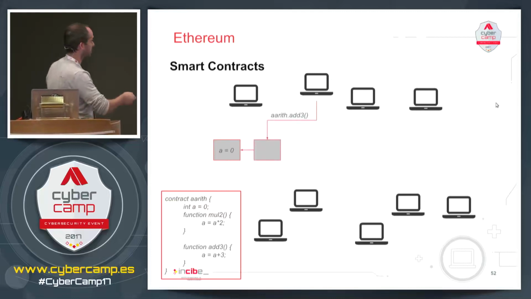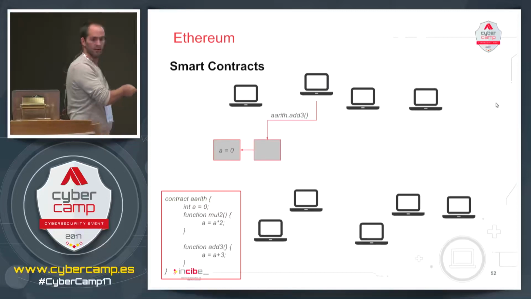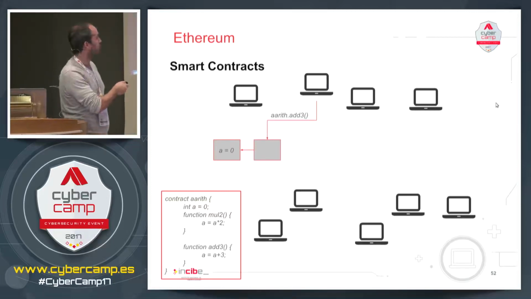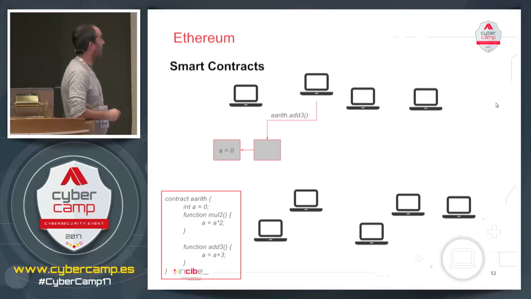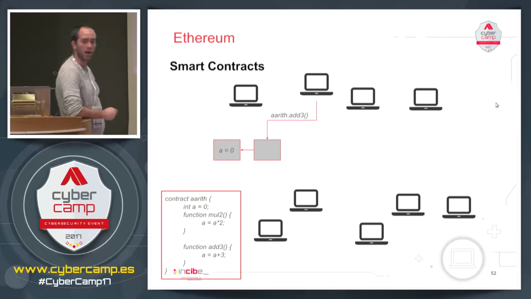Then this one, or not even this one, a new one. It's a new node in the network that wants to execute. Add 3 to value A in the contract arith with a specific address. This one is in contact with the blockchain. I repeat, all of the nodes compose this blockchain. There's not a central authority that is distributing the whole of the information.